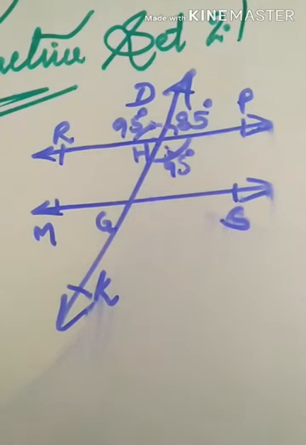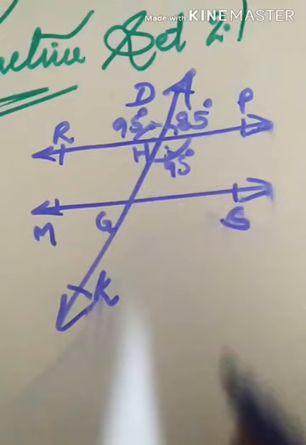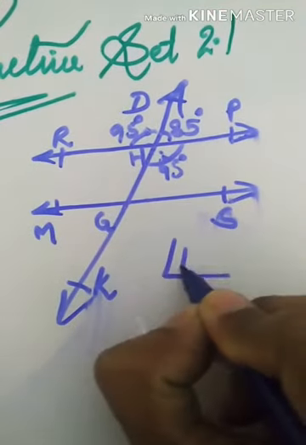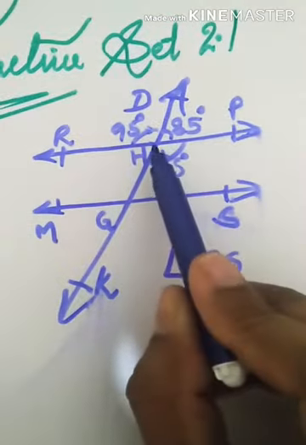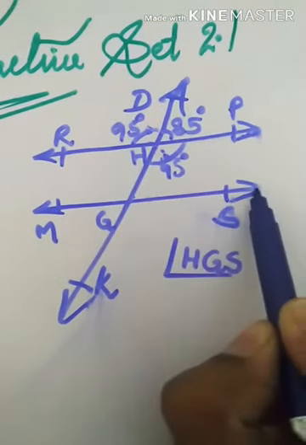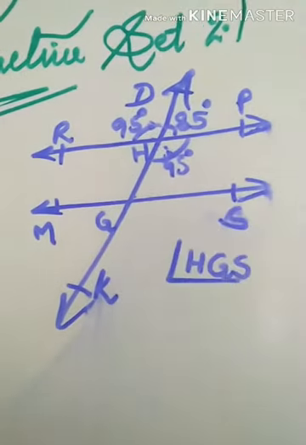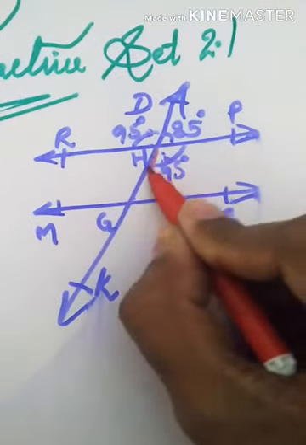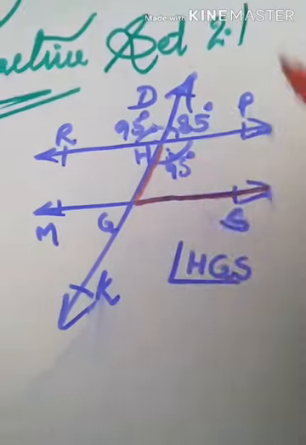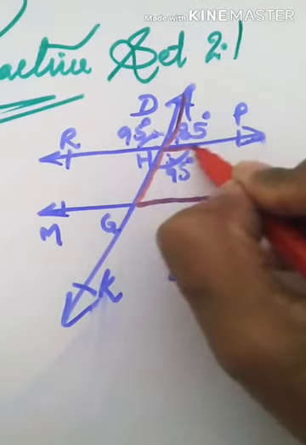Now let us solve the third sum. They are asking to find the measure of angle HGS. Locate angle HGS. As you can see, I'll highlight it for you. Angle HGS is this angle, and we have angle DHP.